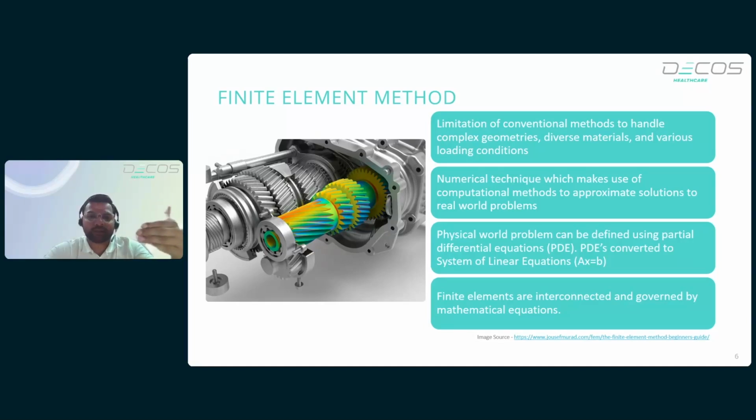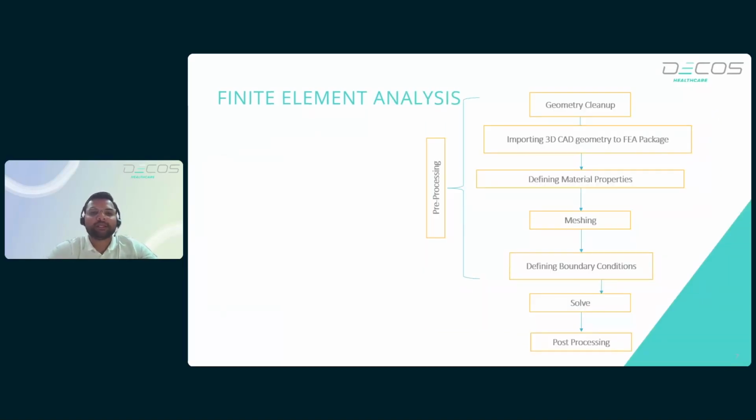Now this domain can be a surface or a volume, right? Depending upon whether you're doing a static structural analysis or a fluid analysis. We are not discussing the numerical methods here in detail, but if you want to read about them, I would suggest the Rayleigh-Ritz method and the Galerkin approach, which are the two most commonly used approaches.